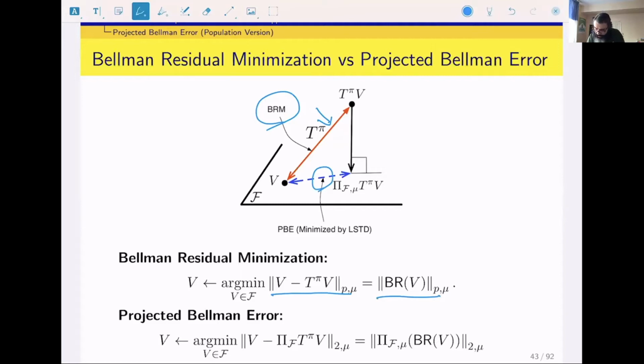Here I wrote it as P, but just imagine P is equal to 2, so we are talking about the same norm. For projected Bellman error, I started talking about the L2 norm here, so we are minimizing the norm of the projected Bellman residual. Here it is the L2 norm, but it could also be the LP norm. So I could use this formulation to be more similar to this one. That's the difference between these two.